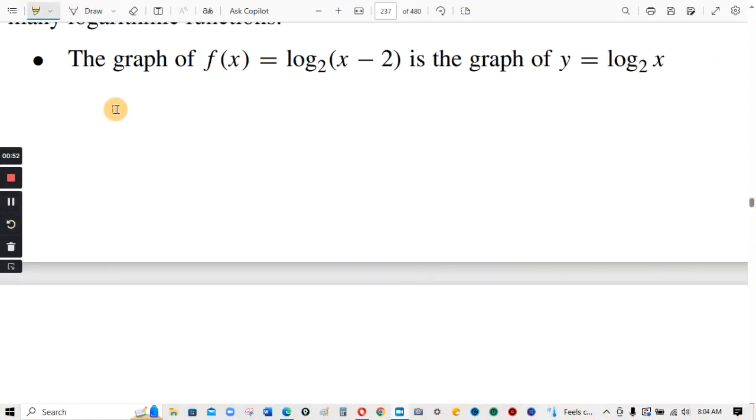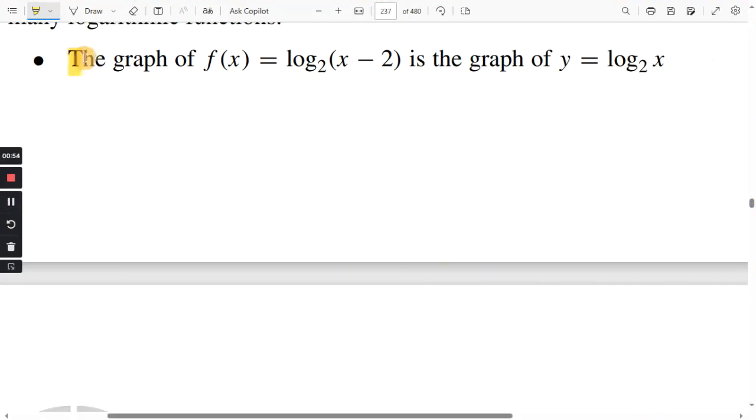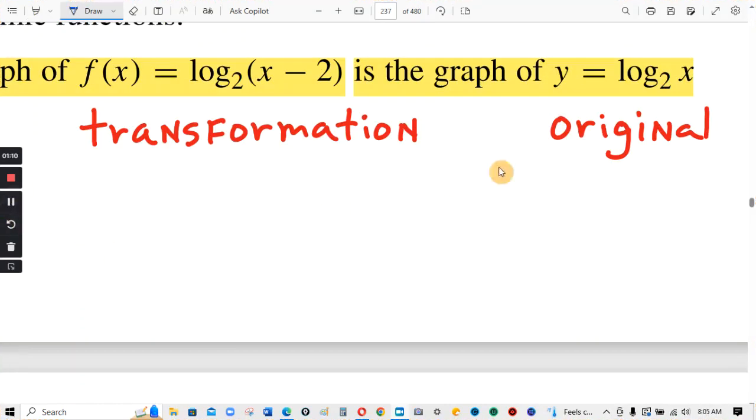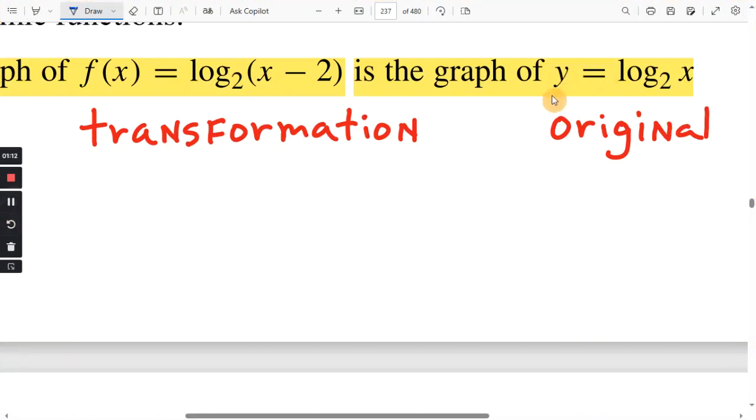All right, see if you can figure out the transformation here. It says the graph of f of x equals log base 2 of x minus 2 is the graph of y equals log base 2 of x. What happens if this is the original and this right here is the transformation? Please see if you can figure that out.